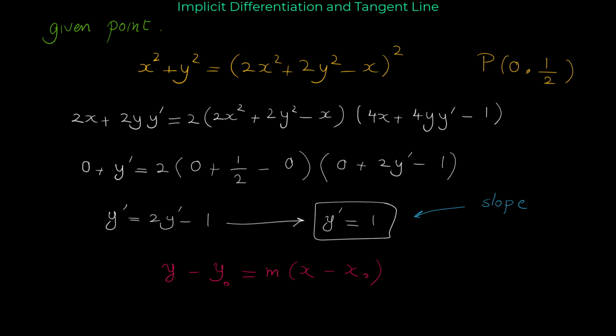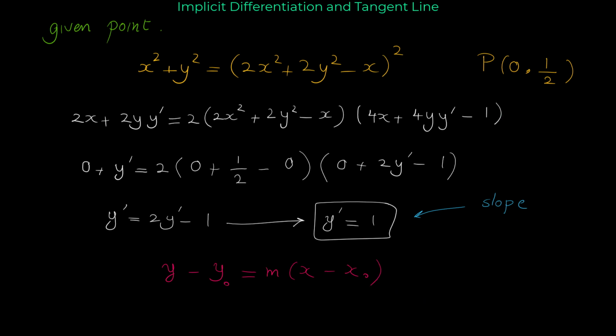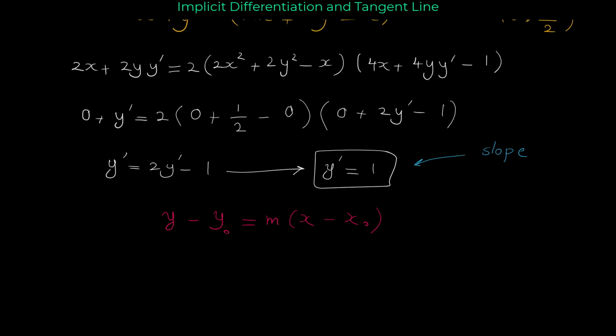The slope, the m value, is 1, x0 is 0, and y0 is 1/2. Everything is ready to write the equation of the tangent line. y minus 1/2 equals 1 times (x minus 0).